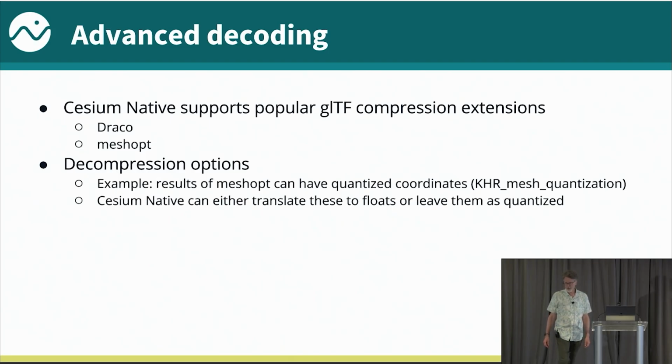But there are various options that go along with this. Meshopt can produce coordinates that are in integers, for instance. By default, Cesium Native will translate these to floats because that's what you want to see, but if your application is sophisticated enough to deal with the integer coordinates, you can tell Cesium Native to leave them in that format for you.